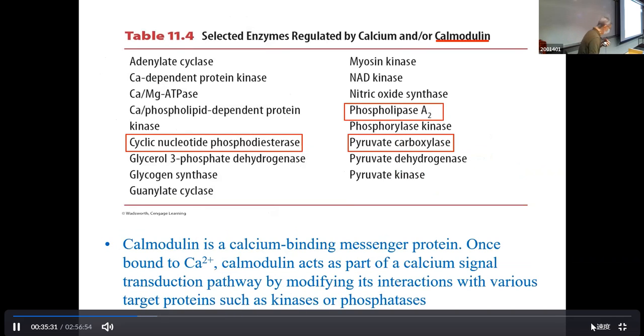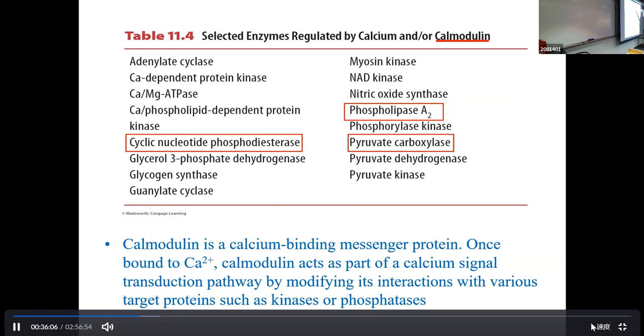Now, from a biochemical viewpoint, I would like you to at least have some idea of a few important enzymes that are calcium or calmodulin related. Calmodulin, as you can see in the subsequent slide, is a calcium-binding protein, and it plays a major role in a lot of biological systems.